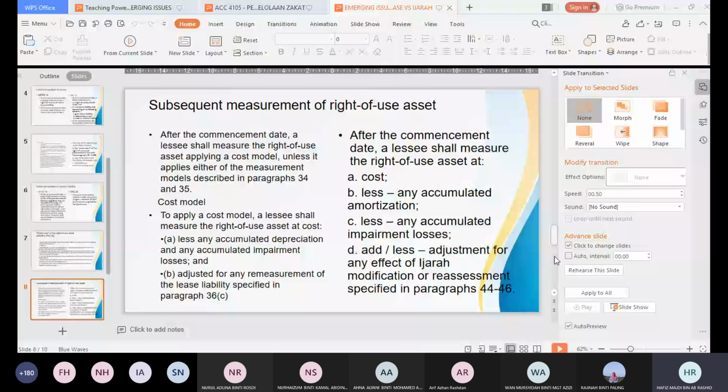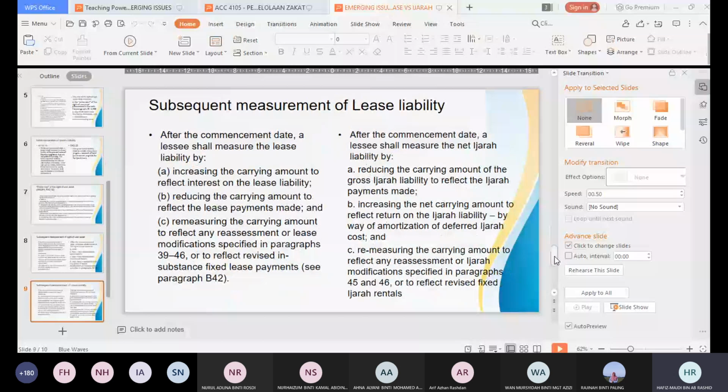So I think the main issue is the measurement of the liability, and the concept itself is different. The use of substance over form might be criticized by IOFI, because to IOFI, both substance and legal form are important.